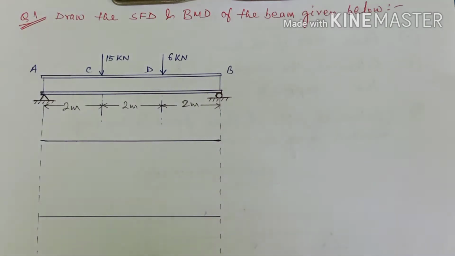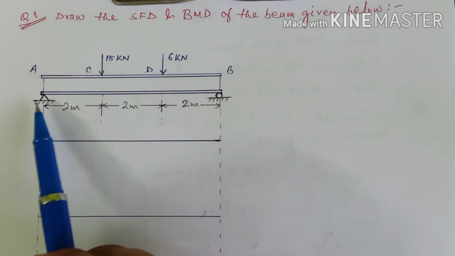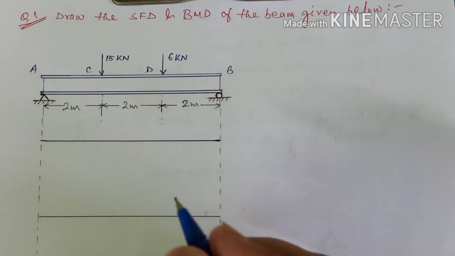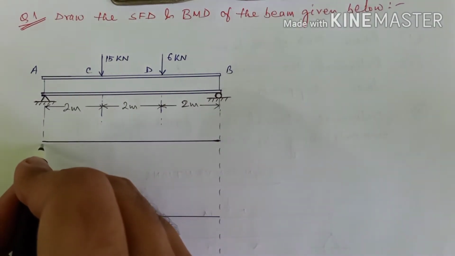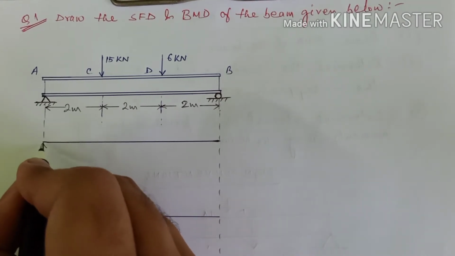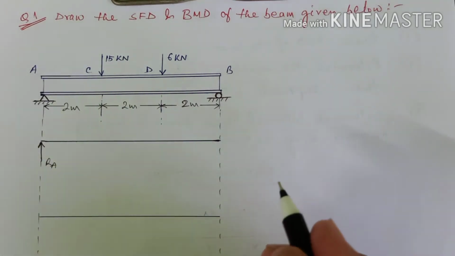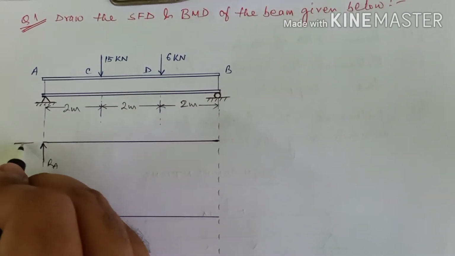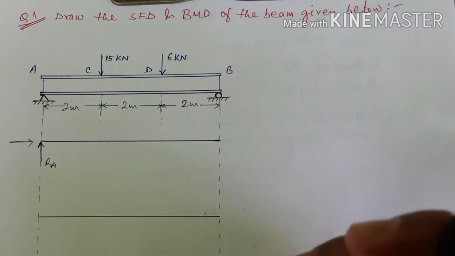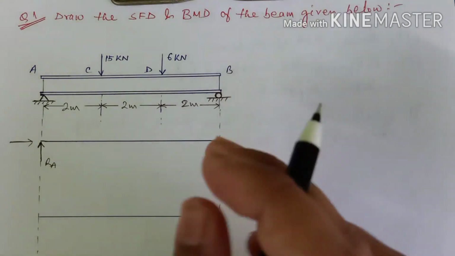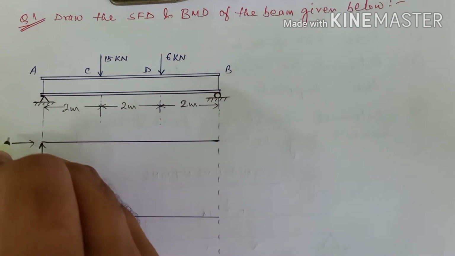I have already discussed in my previous video that if we have a pinned support like this, then we will have two reactions. One will be in the vertical direction, let us write it as reaction at A, RA, and one will be in the horizontal direction, XA. Why this is happening, I have already discussed in my previous video, so please do watch that video and then come to this one.